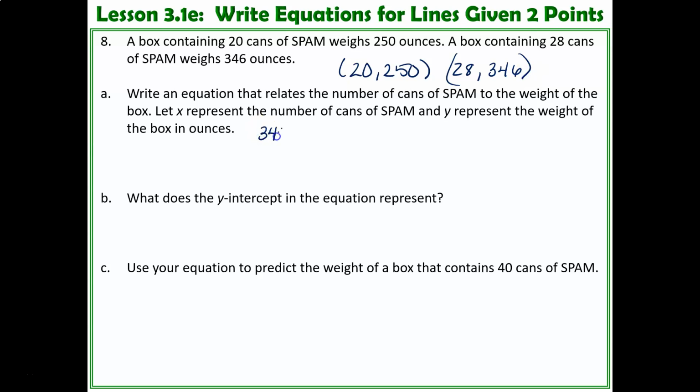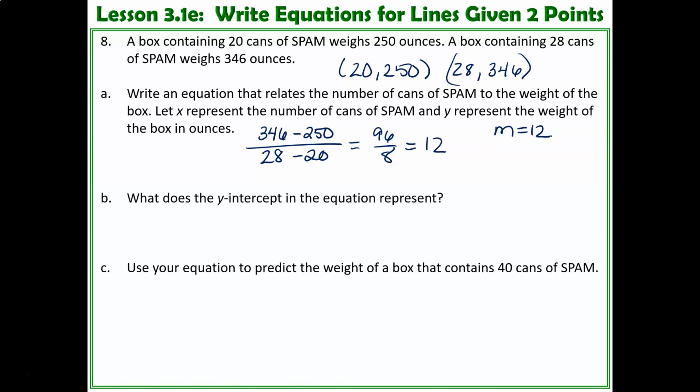So 346 minus 250 over 28 minus 20, which gives us 96 over 8, which gives us 12. So our rate of change is 12.